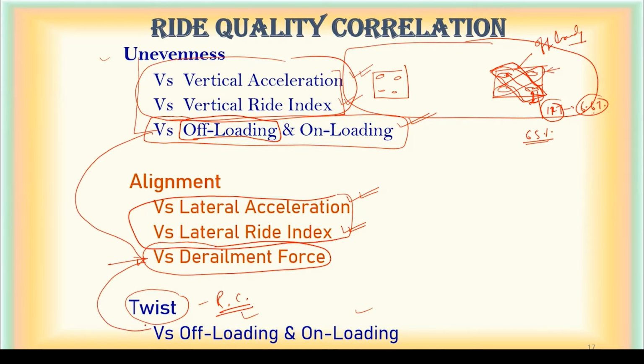So in this way we can correlate what defect can cause what kind of discomfort or unsafe condition. Of course, gauge is covered in alignment defect. If there is a gauge defect, generally it will also cause an alignment defect. So this is all: the effect of various defects on our rolling stock safety and rolling stock comfort.